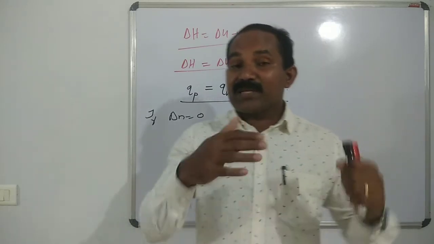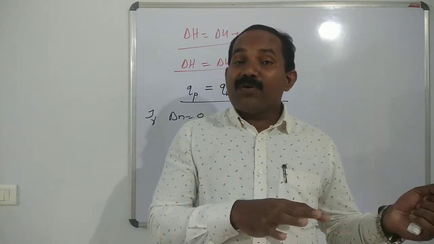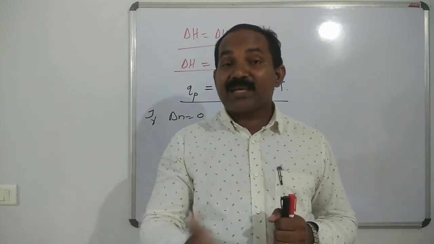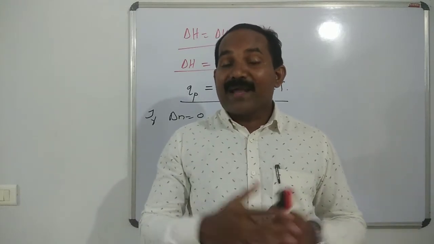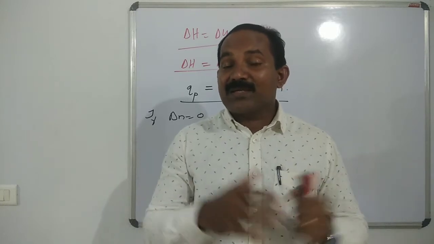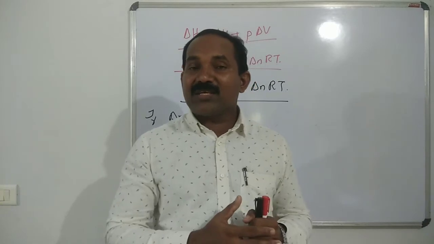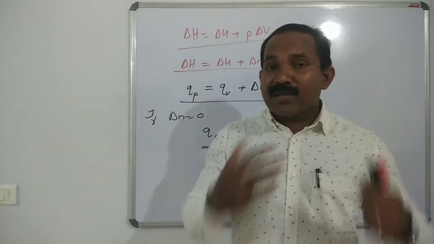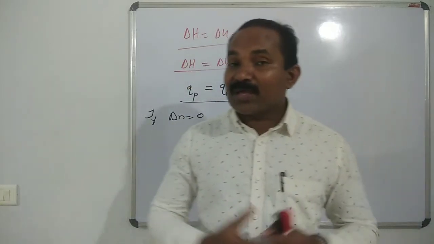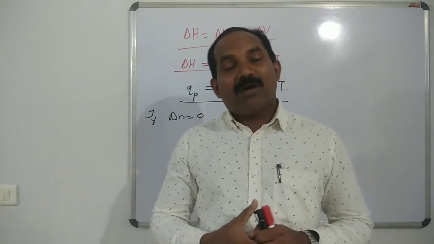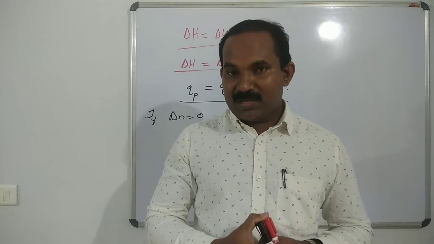The temperature of the calorimeter before and after the reaction is noted down, and the change between the two temperatures is delta T. By knowing the delta T, we can easily determine the enthalpy change of the reaction.